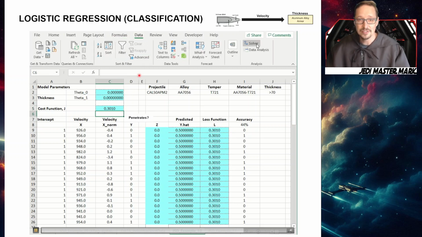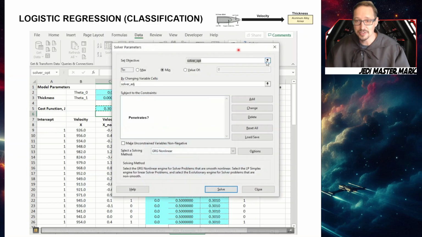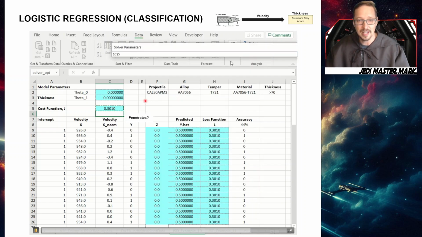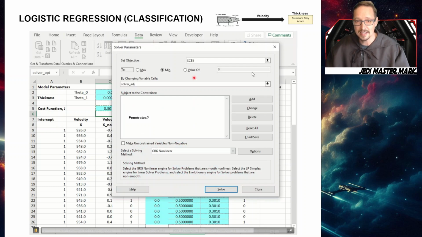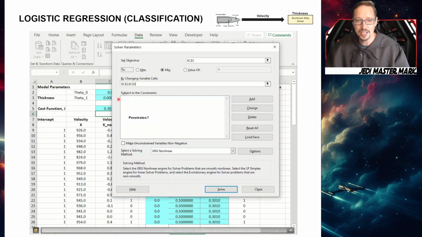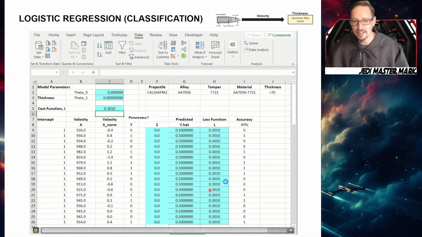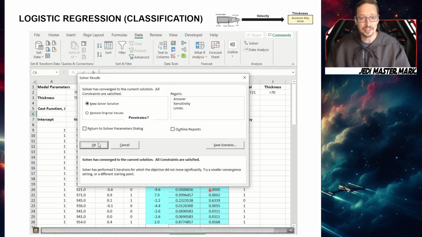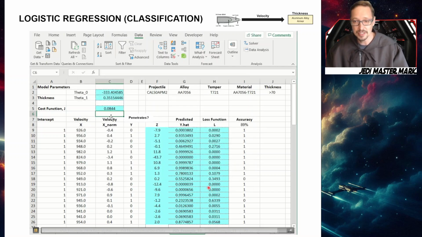So now we go to the data tab, we go to solver. Again, we're going to select the cost function as that objective function. We want to minimize it by changing these theta parameters, and everything else we can leave the same, and we can go ahead and solve for that using that solver. So we want to keep the solution.